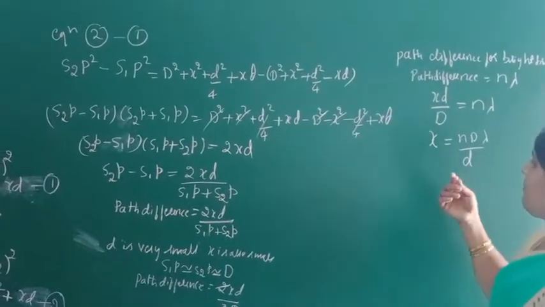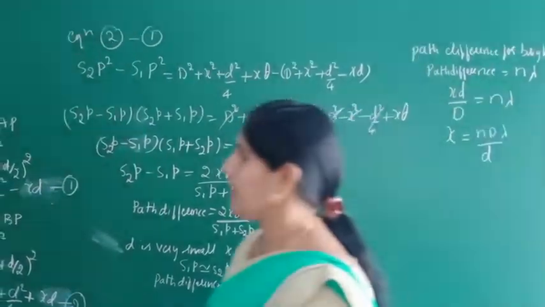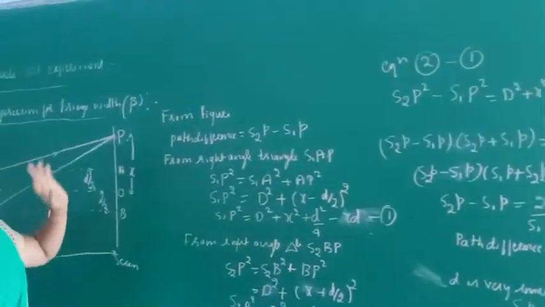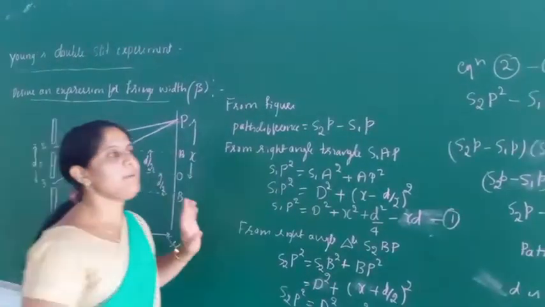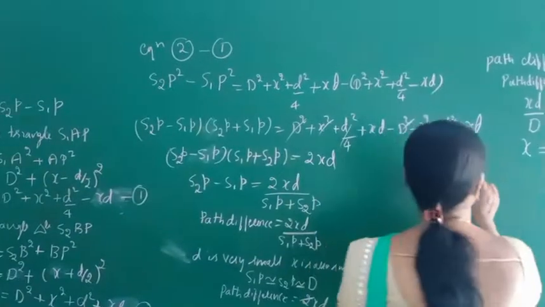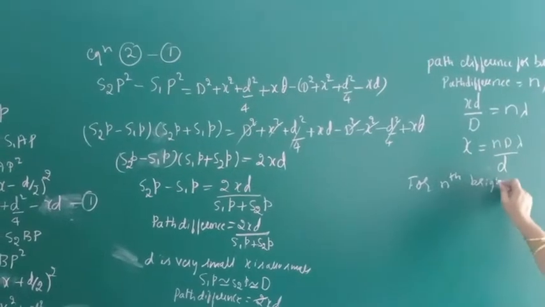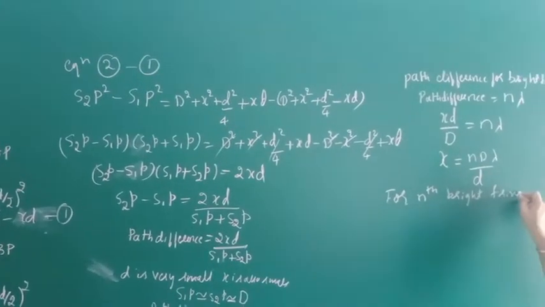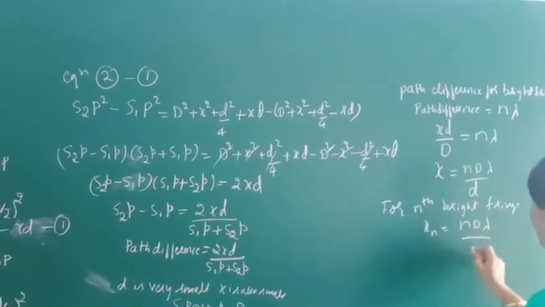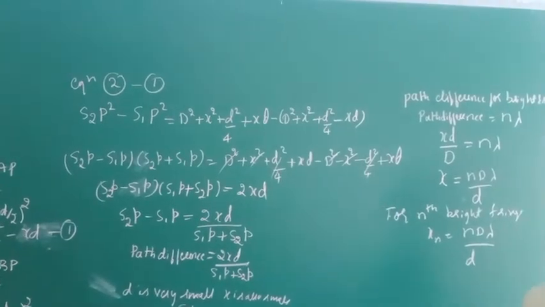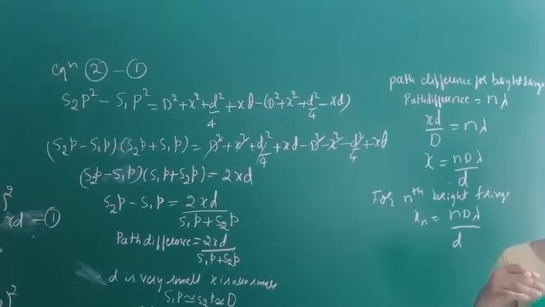This is the expression for x, the distance of the nth bright fringe from the central fringe, so we can write it as xn. For the nth bright fringe, not the dark fringe, xn equals n D lambda by d. We know that fringe width is the distance between any two consecutive dark or bright fringes.